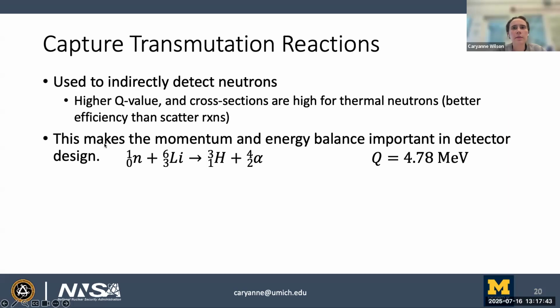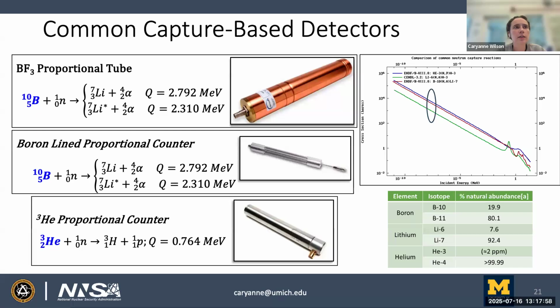So this does make the momentum and energy balance important in the detector design. And you can actually calculate how much energy is given to each of these particles based off of the Q value of the reaction. So here are some of the most common capture-based detectors. So BF3 proportional tubes, boron-lined proportional counters, and helium-3 proportional counters.